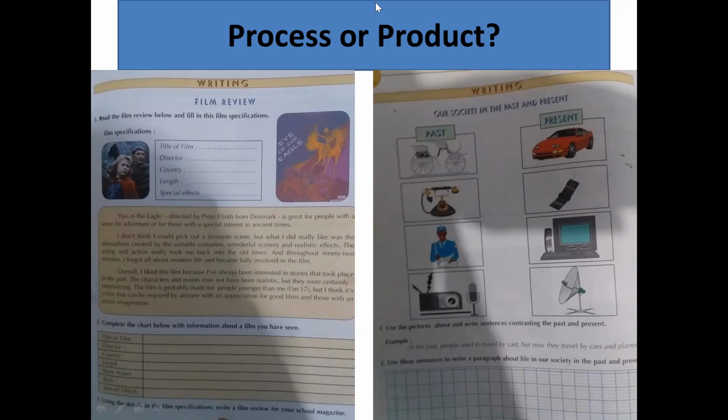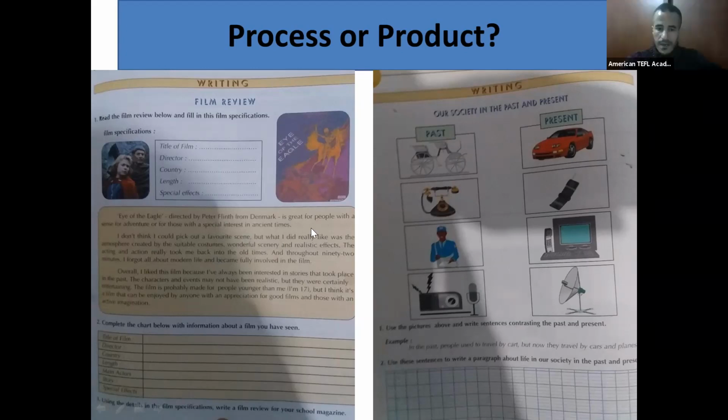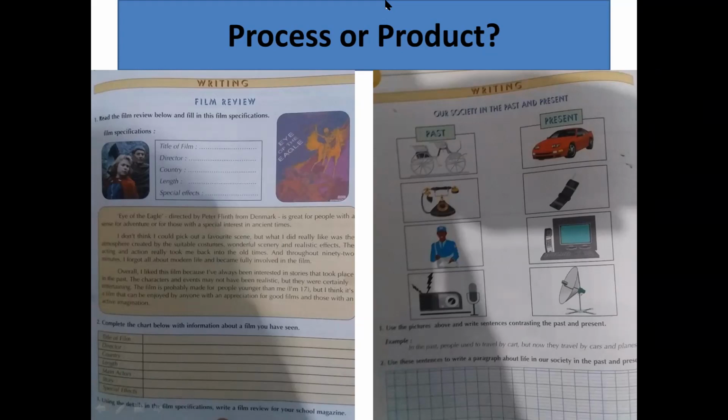So let's correct now. Can you hear me? Yes. Thank you. I think the first one is a product, I mean, the film review is a product, and the second one is process, which is about the past and the present.